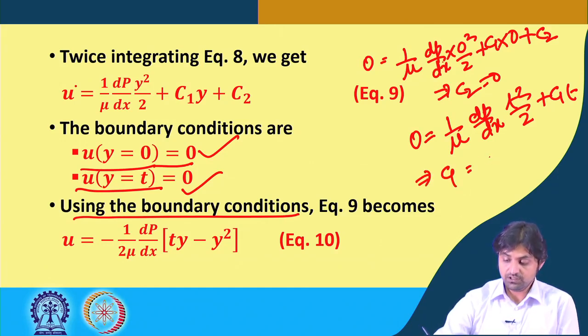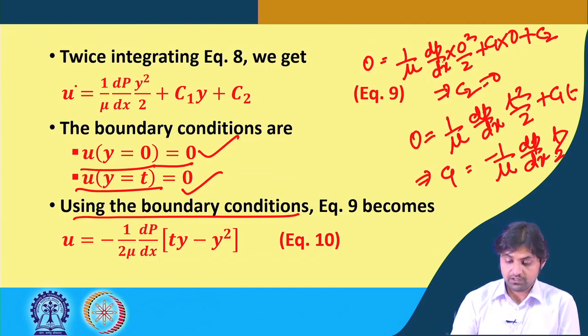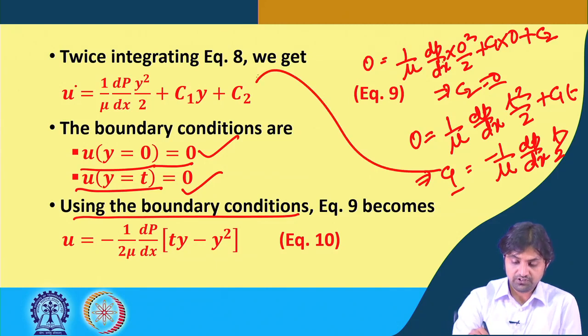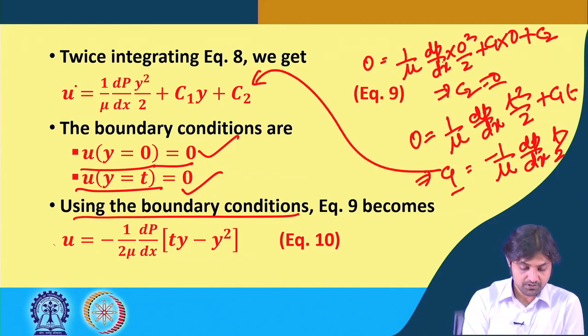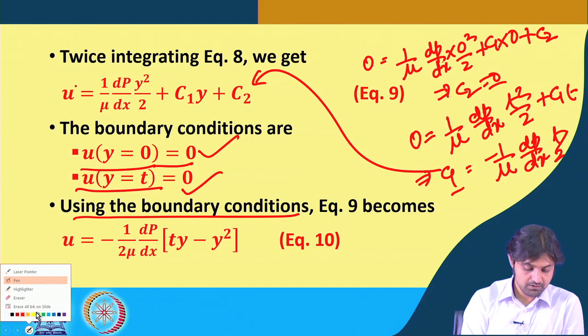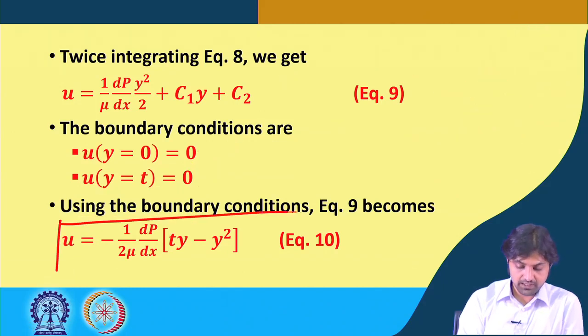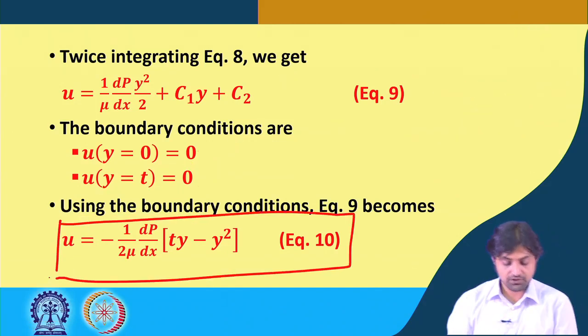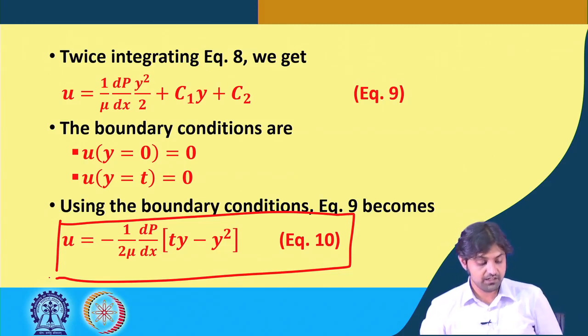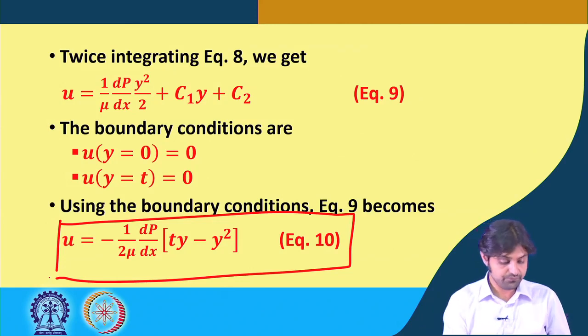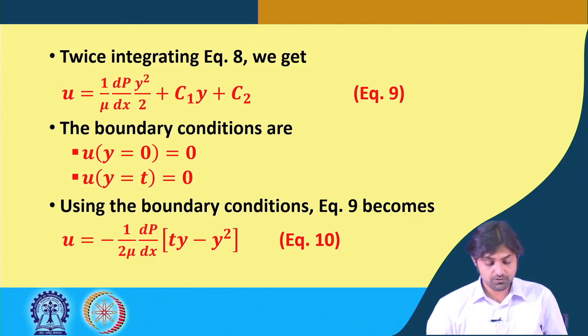C1 is going to be minus 1 by mu dP/dx t by 2, and you substitute t, C1 and C2 in these equations, and this is how you end up with this u. So, this is the final equation for u after substituting the boundary conditions. This is also something that you can try to remember because it is quite simple.